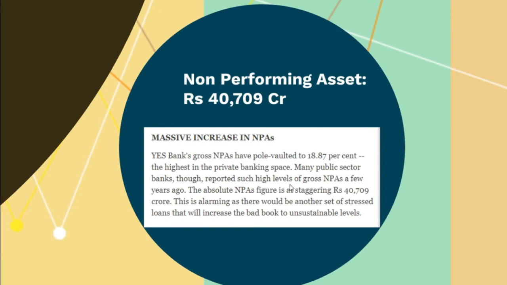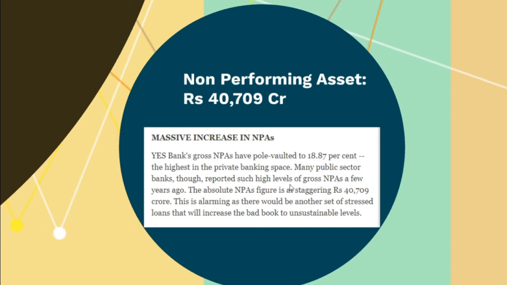The third thing we need to consider while investing in Yes Bank is the non-performing asset, that is NPA. NPA should generally be low, but Yes Bank's NPA is around 18.87%. That is among the highest in the private banking space. And if we look at the figure, it is 40,709 crore.